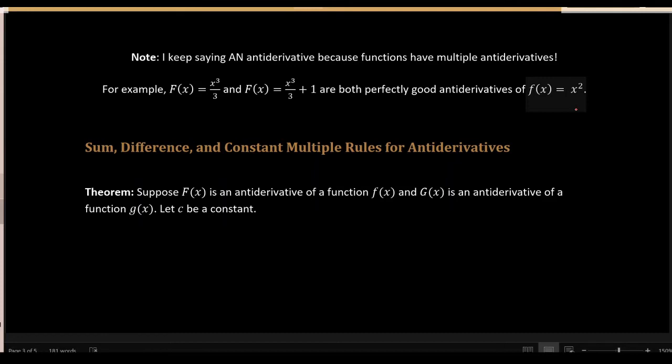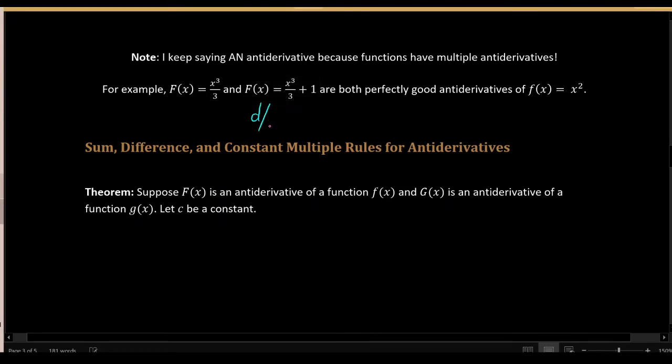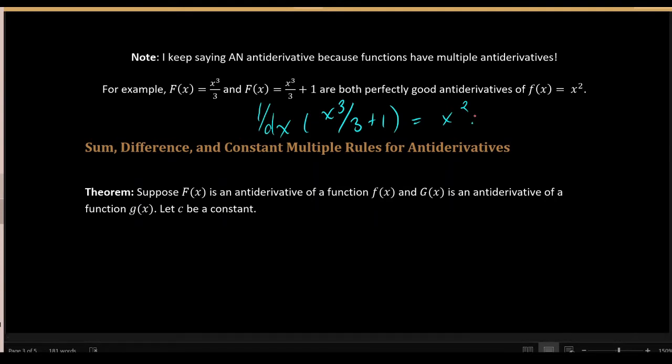But it's not the only one. For example, if you take the derivative of x cubed over 3 plus 1, then you're going to get the same answer. You're still going to get x squared because the derivative of 1 is just going to vanish. So x cubed over 3 and x cubed over 3 plus 1 are both perfectly valid antiderivatives of f of x equals x squared.